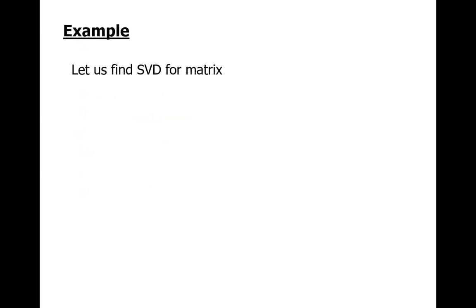Let's come to an example that will help you understand what we are talking about. We are given a matrix F, which has 4 rows and 2 columns. Obviously, there is no inverse of this matrix, so we cannot really do anything directly.